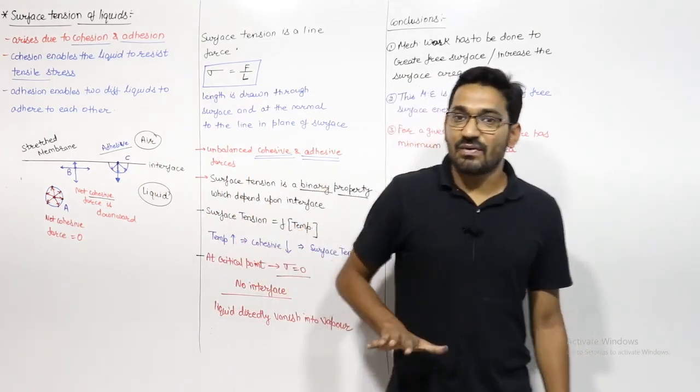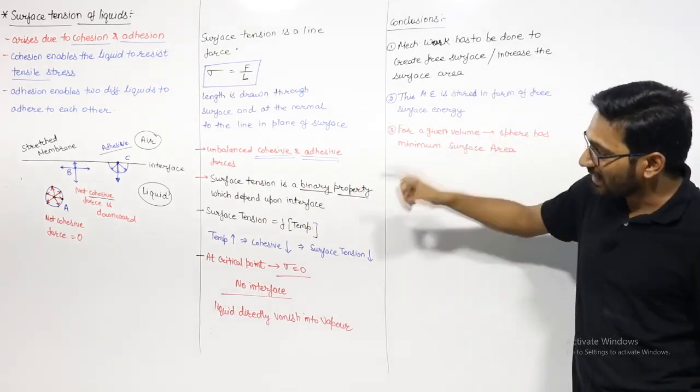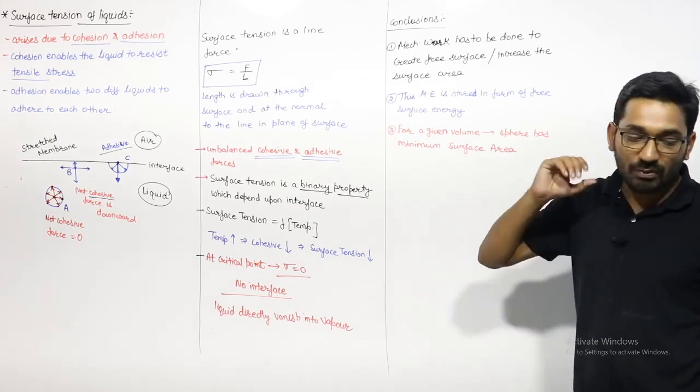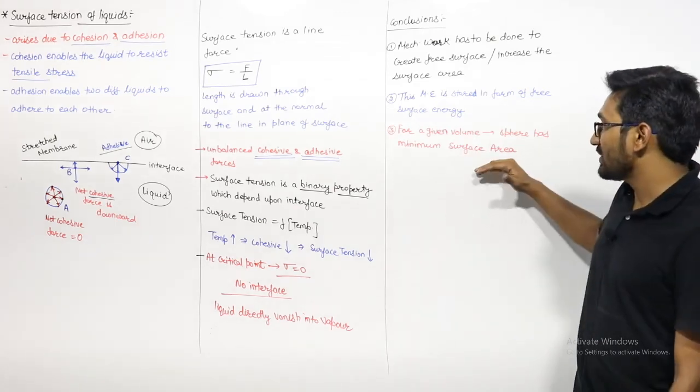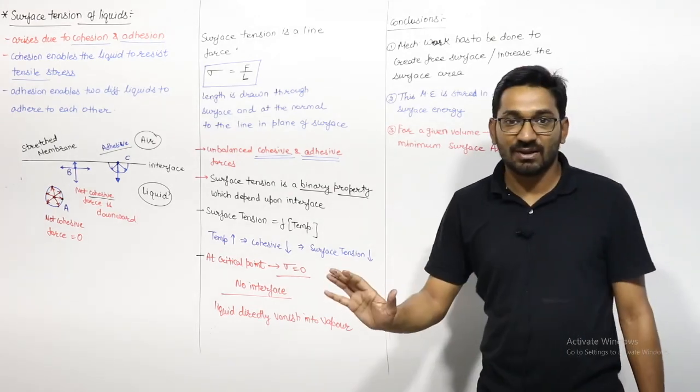So this is the basic concept of surface tension. Because of surface tension and surface energy, every drop, every bubble, every water drop will try to take the shape of a sphere, right? This is the concept of surface tension.